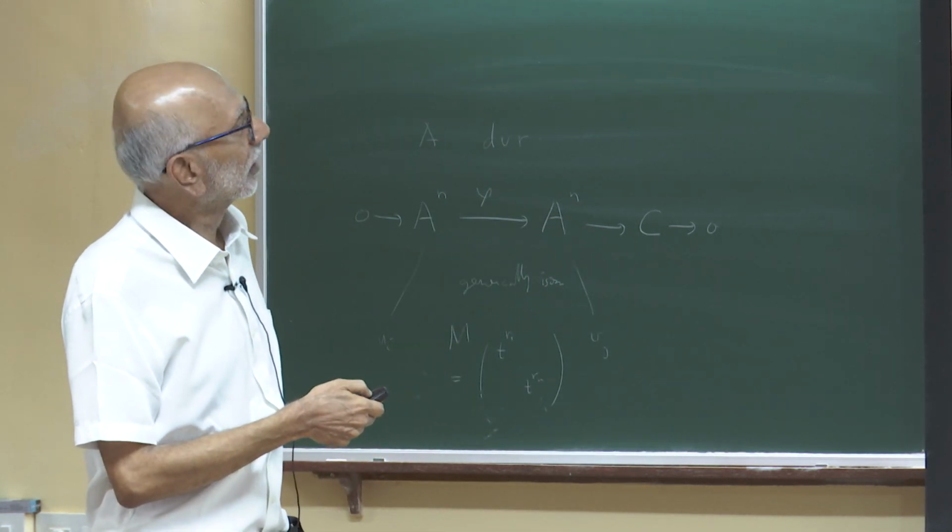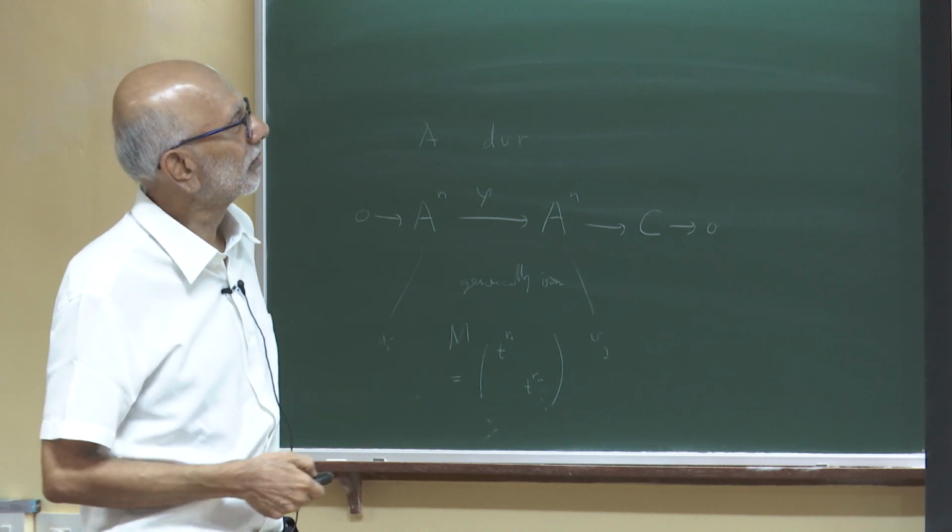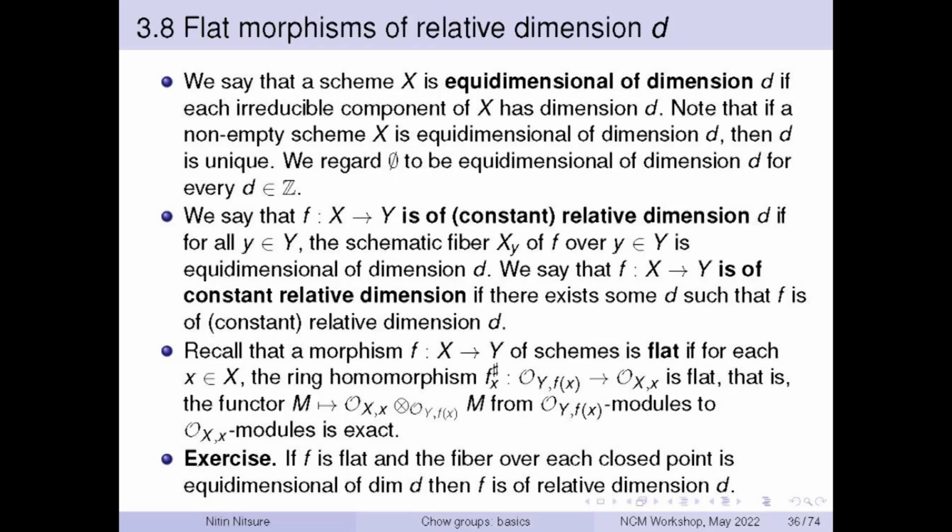So first thing here is what's an equidimensional scheme. These schemes are again back to algebraic schemes over our base field K, finite type. So if every irreducible component has a dimension, not all schemes have dimension, no? But algebraic schemes have, and if every irreducible component has the same dimension, then you call it equidimensional. This is how that is defined.